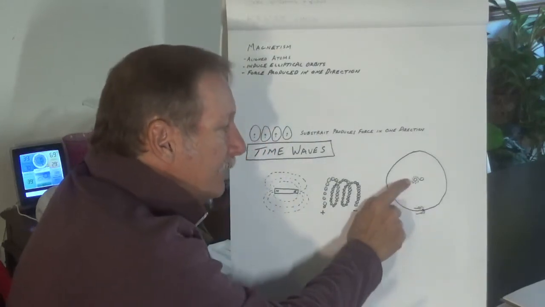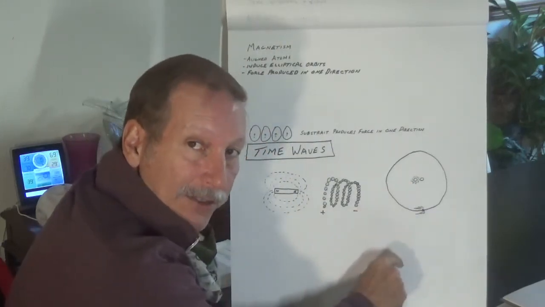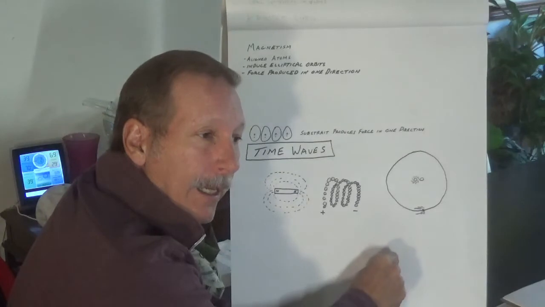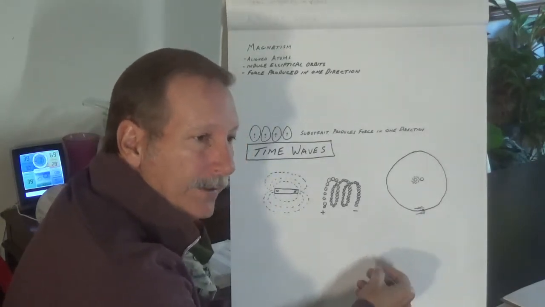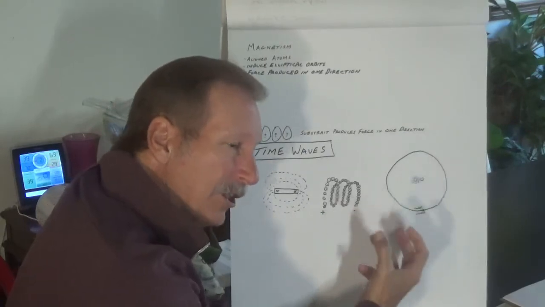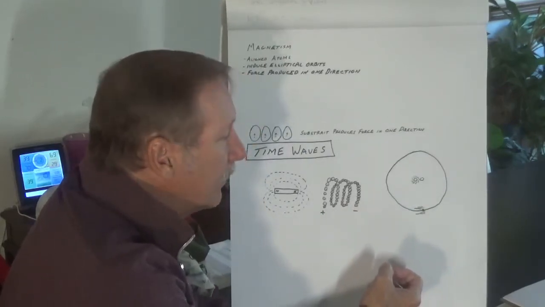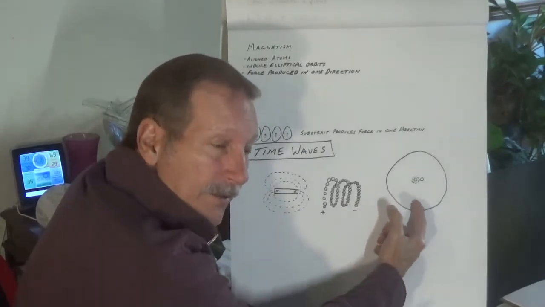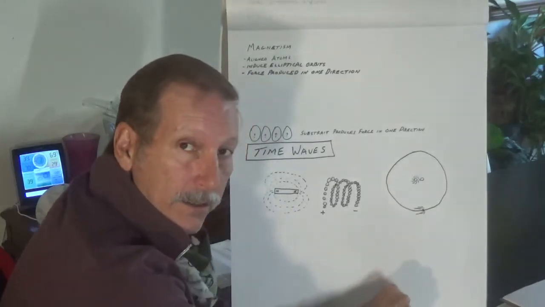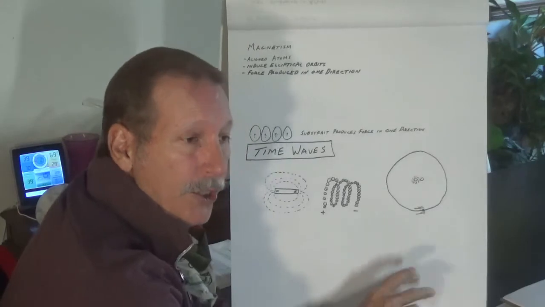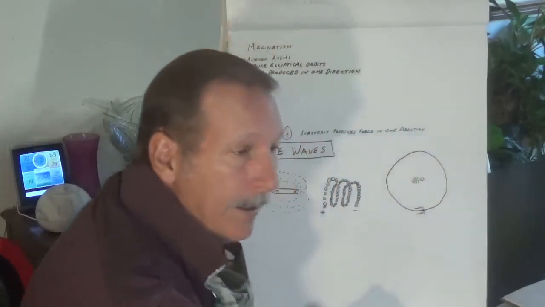The proton is spinning at the speed of time, and spinning at the speed of time tends to make a vortex. So the vortex is actually drawing time into it. So that's the reason that a proton is a positive charge, it's drawing time in. An electron is a negative charge because it's pushing time away.